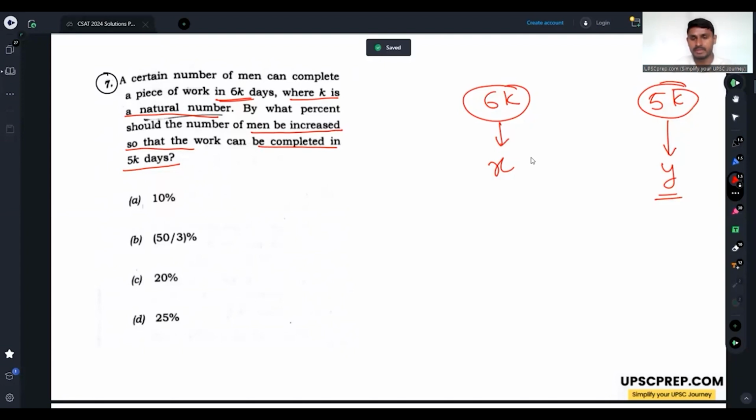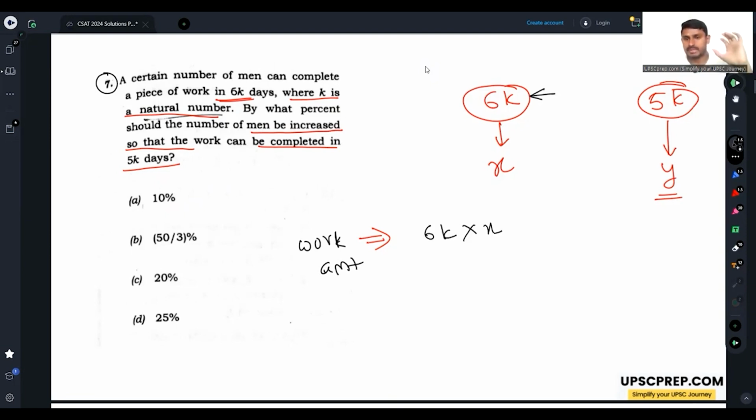So see now, if I want to find out the amount of work, so let's say X is the number of men. Okay, so what will be the total? Okay, so amount of work will be what? Work amount will be the days in which work is getting completed and number of men. Okay, let's say 6k into X was the amount of work that was getting completed.